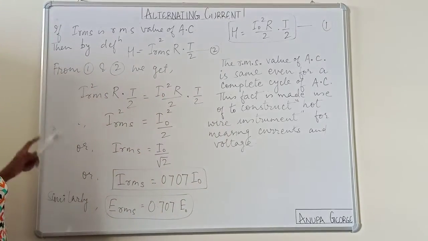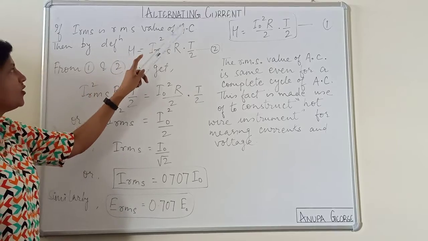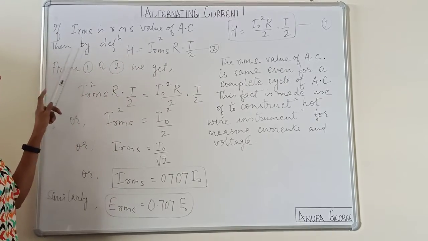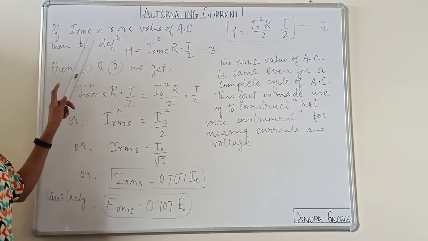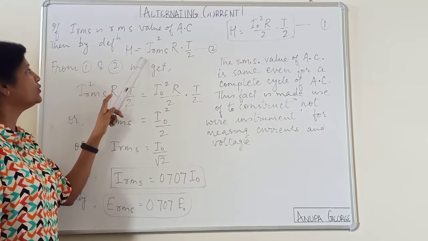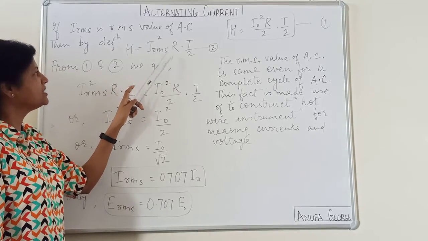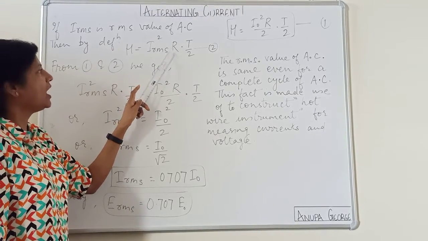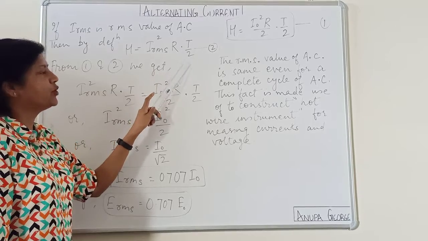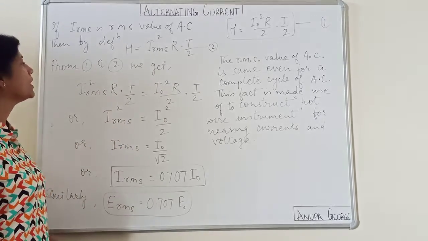See, if I RMS is the RMS value of AC, then by definition we can write H is equal to I RMS whole square R into T upon 2. Let it be equation number 2.